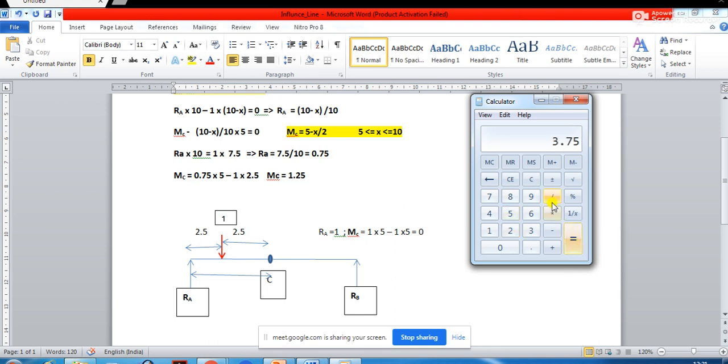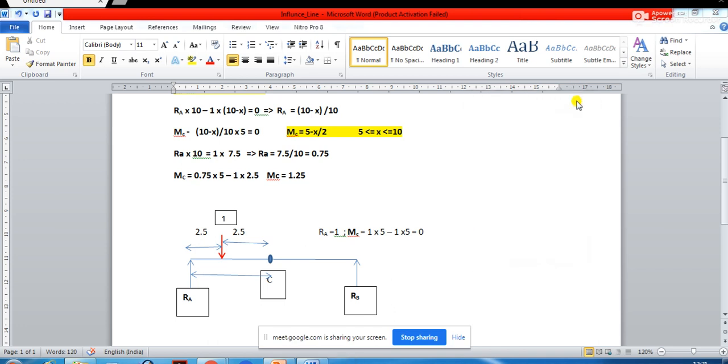Equal to 3.75, minus 2.5. Is it okay? 1.25. Okay, perfect. So see, MC is going to be 1.25. Is it clear? Everyone, is it clear?